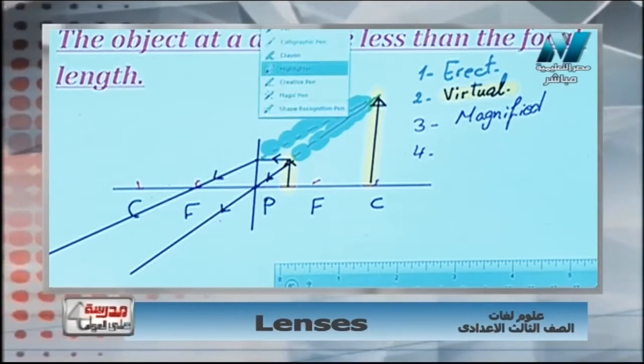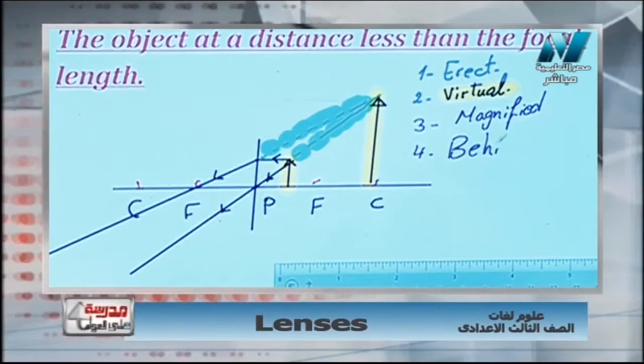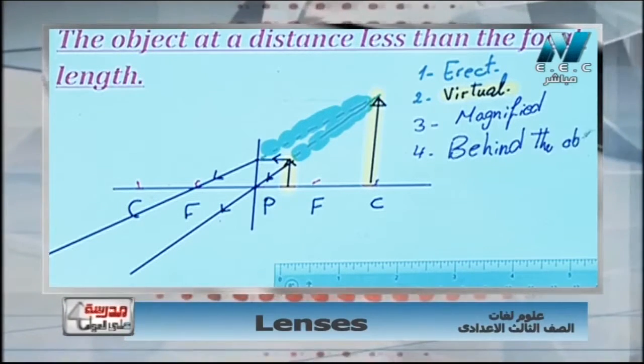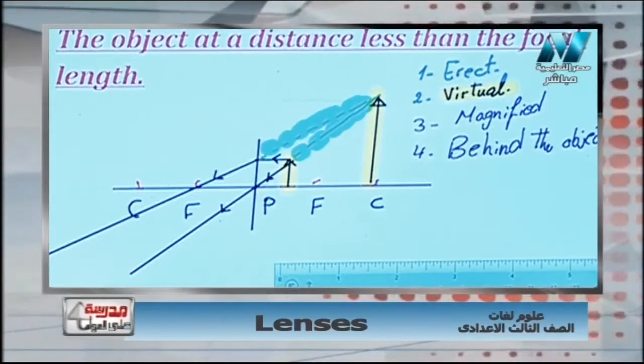So we will write for number 4: behind the object, يعني ورا الأوبجكت. Here we have object at focus. By using the ruler we know the object is at focus.